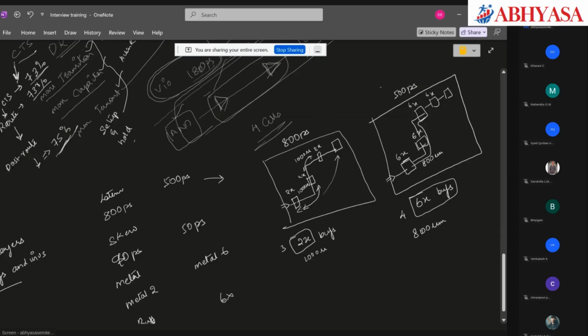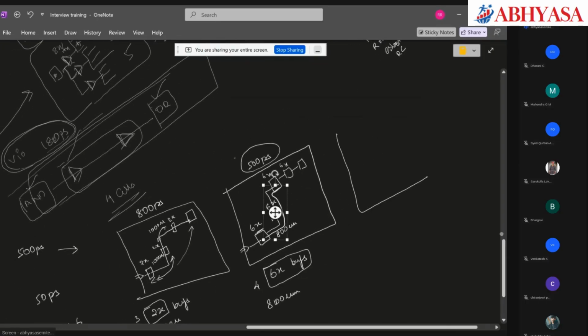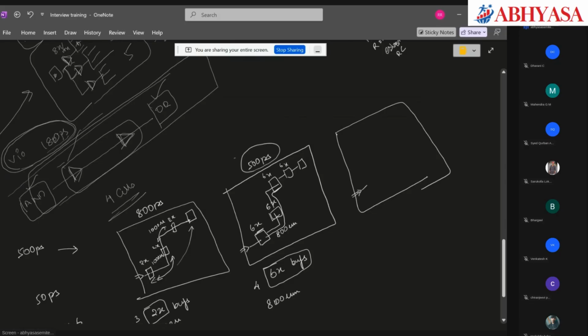Therefore, this can be one case wherein while trying to meet lower latency, my tool can add more buffers. Or since 6x or 8x is higher drive strength, I will show you another case wherein the tool will add 12x, which is double of 6x, to reach the flop.